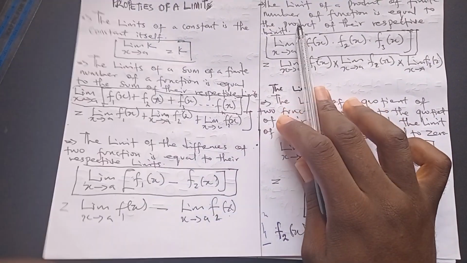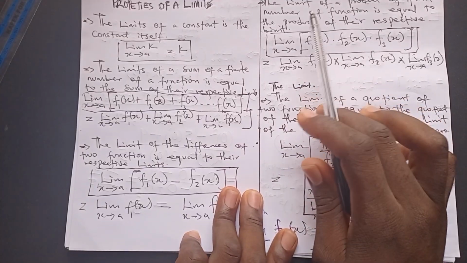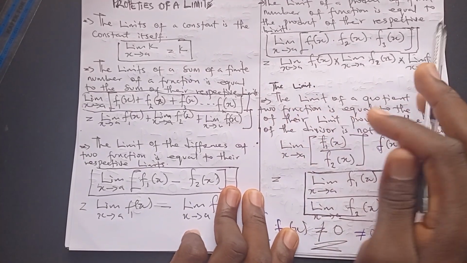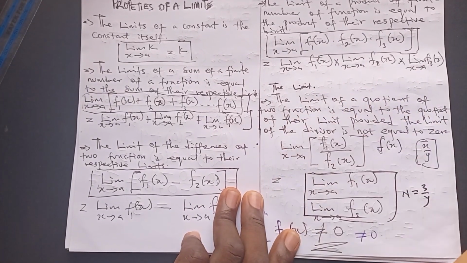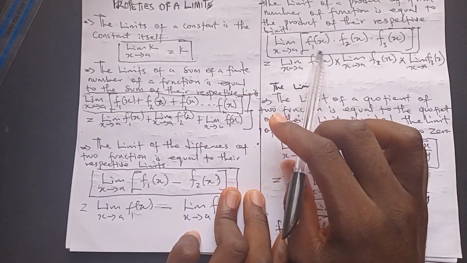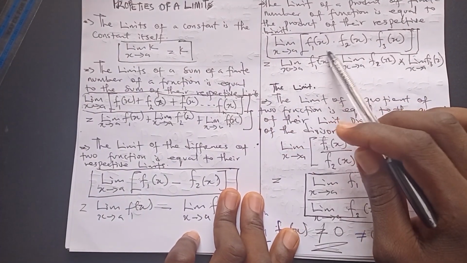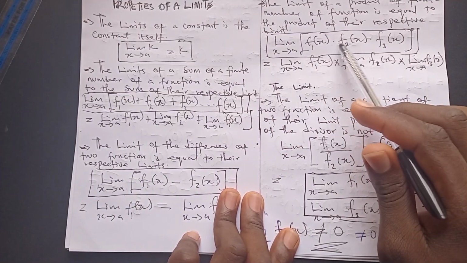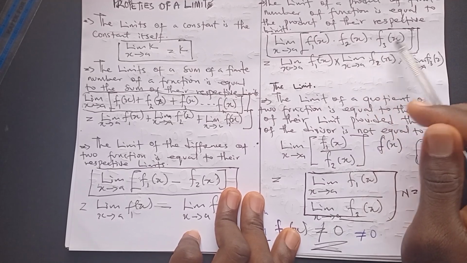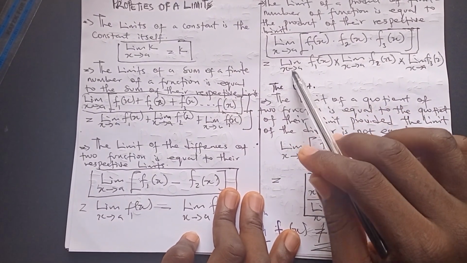The next property states that the limit of a product of a finite number of functions is equal to the product of their respective limits. Same thing: if we have lim x tends to a, f1 of x times f2 of x times f3 of x, this is equal to, you take the limit of each term inside.